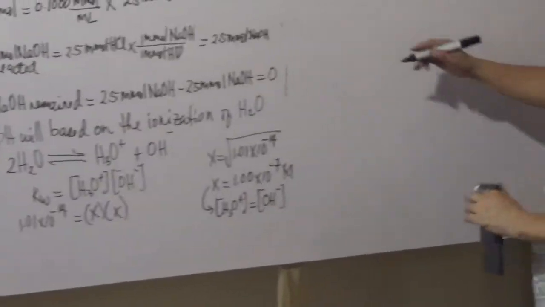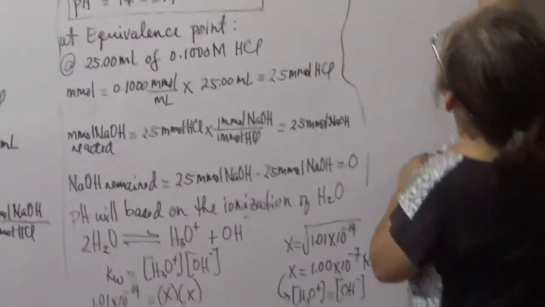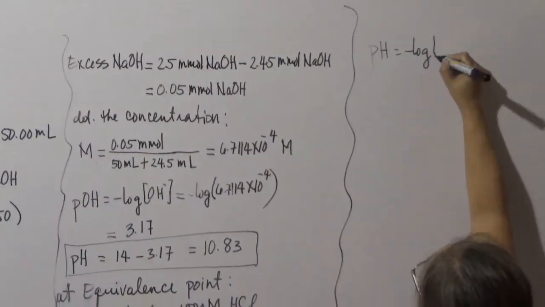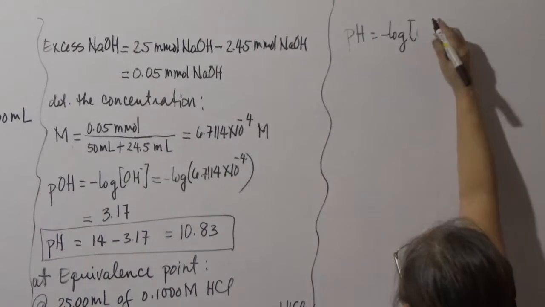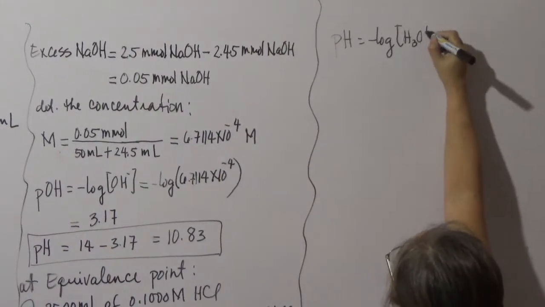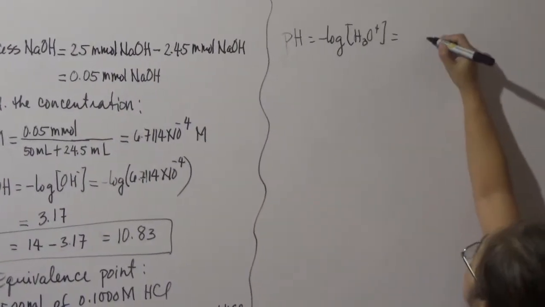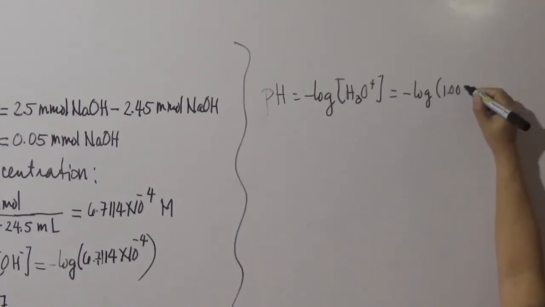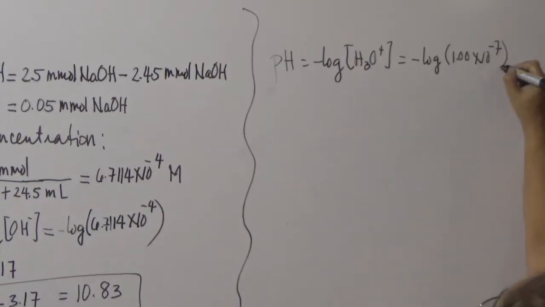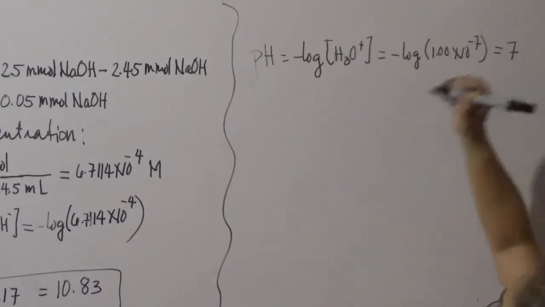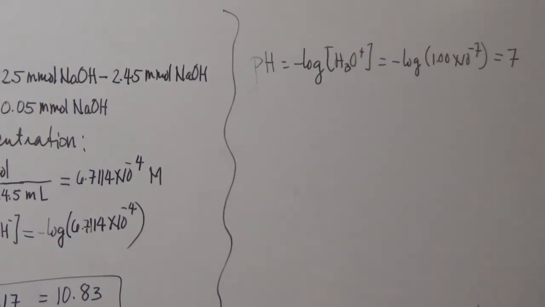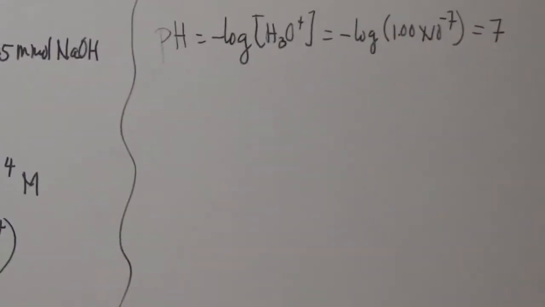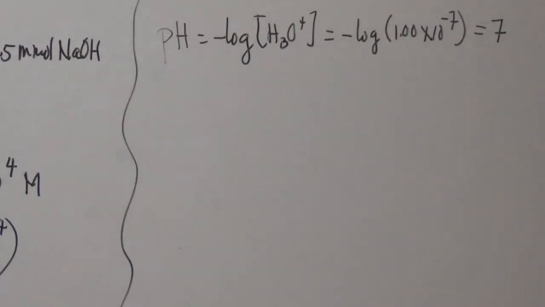So if you're going to get the pH, pH then would be equal to the negative log of the concentration of the hydronium ion, which is equal to the negative log of 1 times 10 to the negative 7, which is equal to 7. Okay? So at equivalence point, the pH of the solution inside the flask is equal to 7.